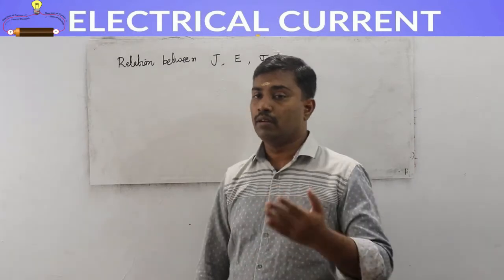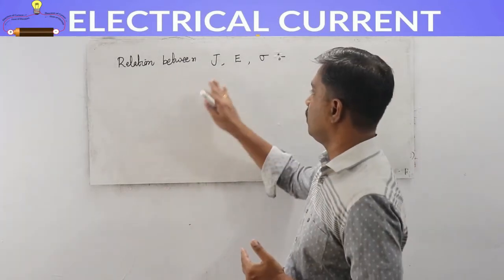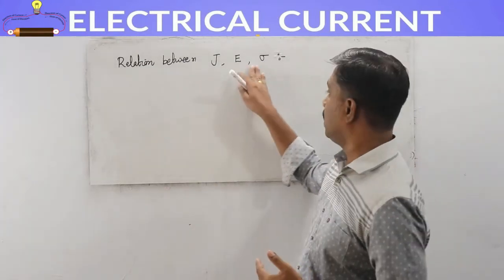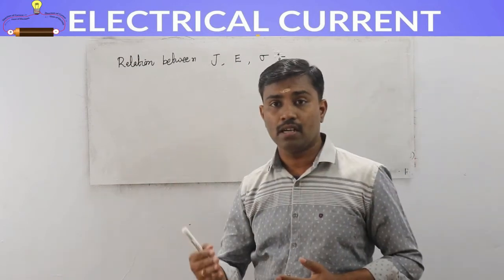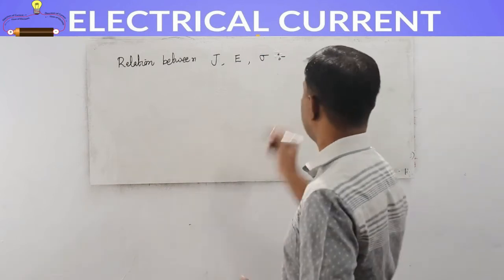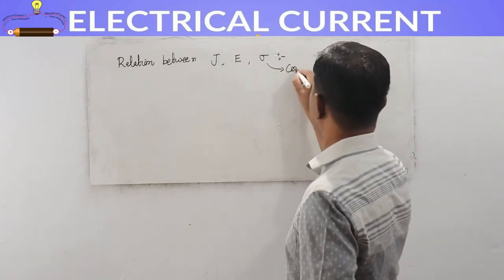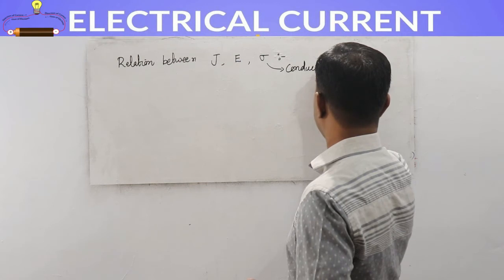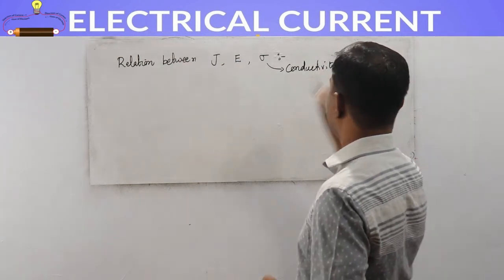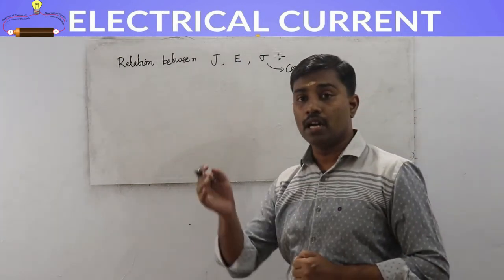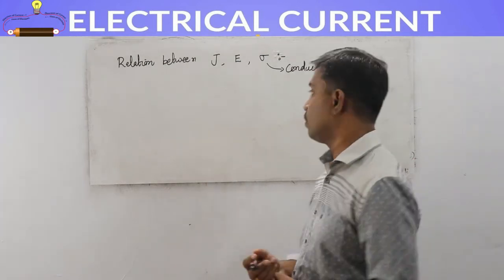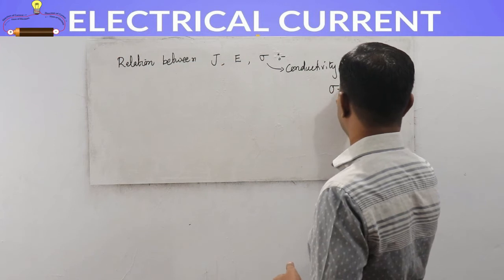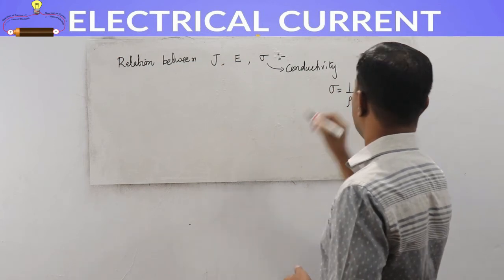Now we are going to discuss the relation between current density, electric field, and sigma. What is sigma? Sigma is called conductivity. Conductivity is the reciprocal of the resistivity. So conductivity sigma is equal to 1 by rho.